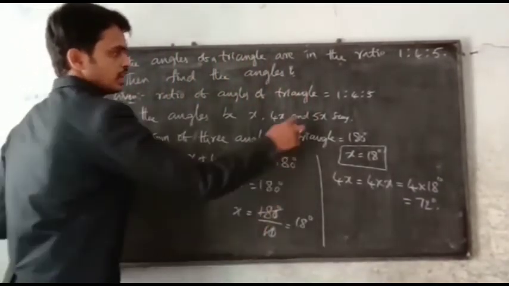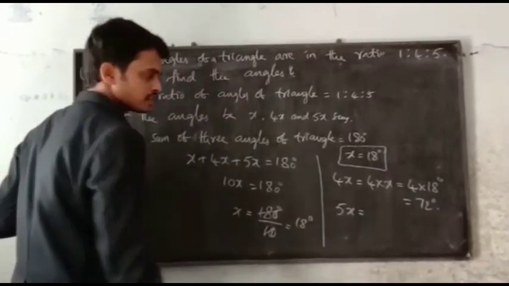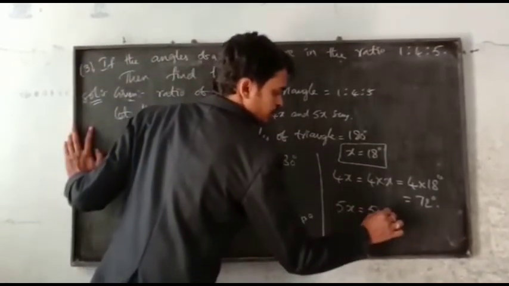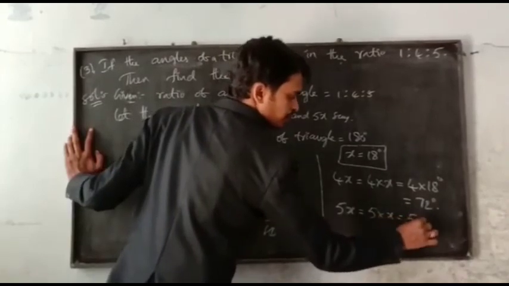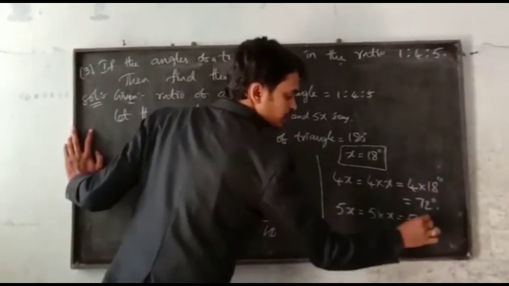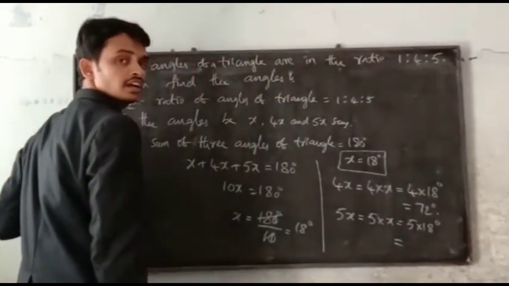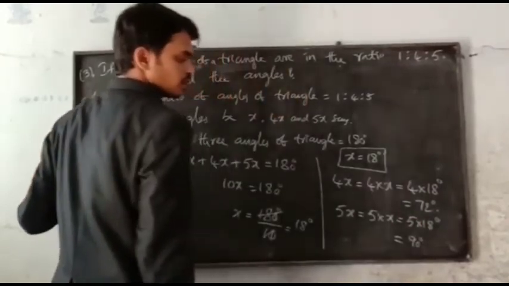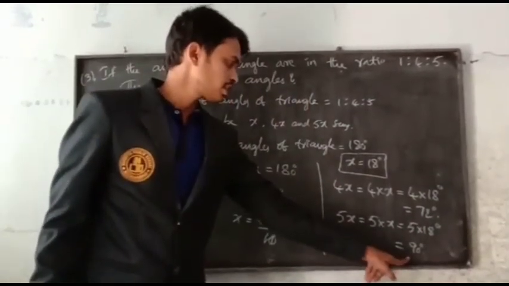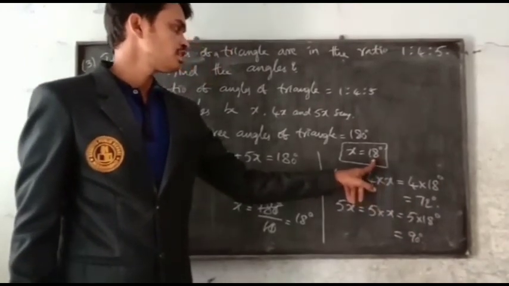The last angle, the third angle, is 5x. 5 into the x value, 18 degrees. So 5 eighteens are 90 degrees. Third angle is 90 degrees, second angle is 72 degrees, first angle is 18 degrees.